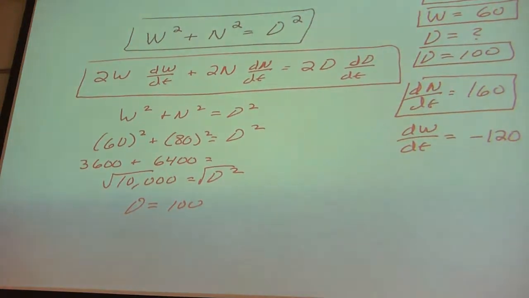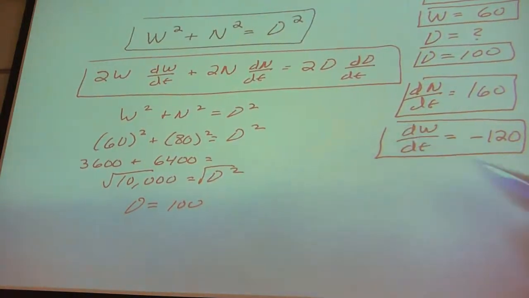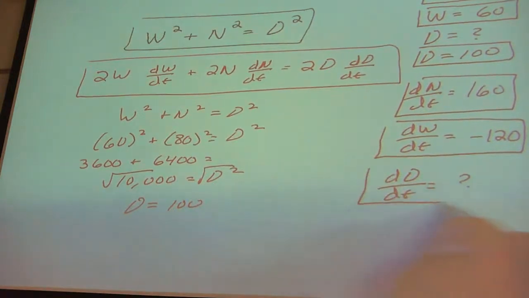Now, let me explain why it's negative, because it's going towards, not away. Away is positive, towards is negative. And your job is to find dD/dt here.